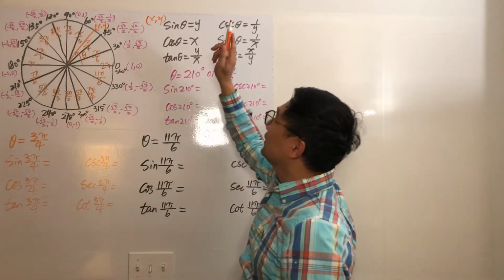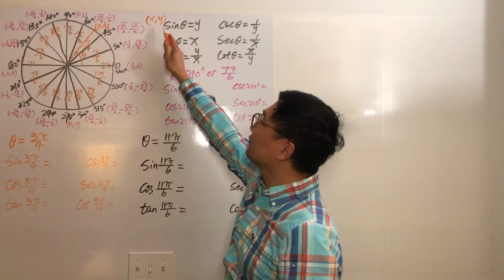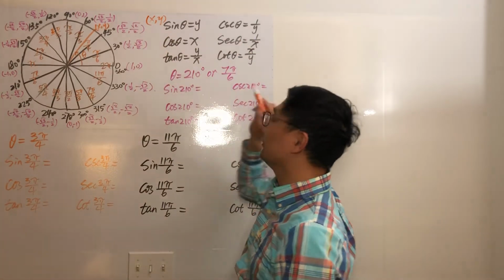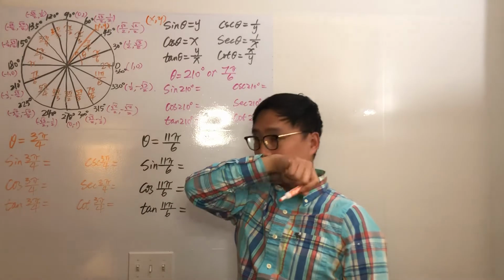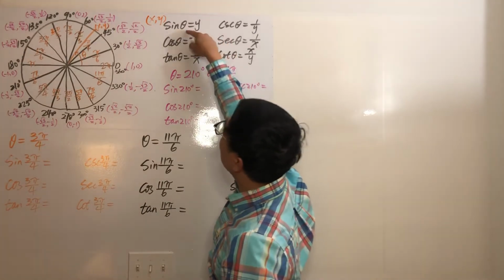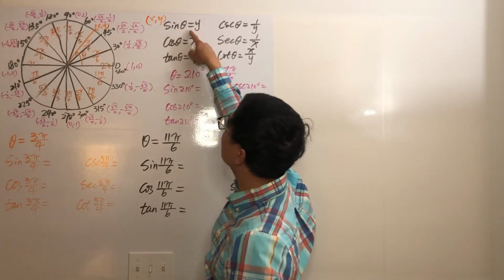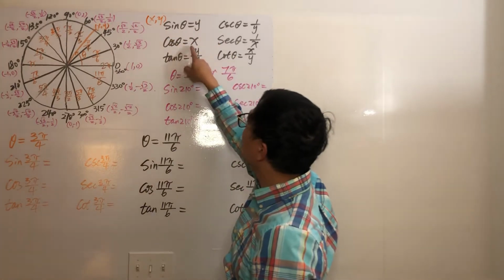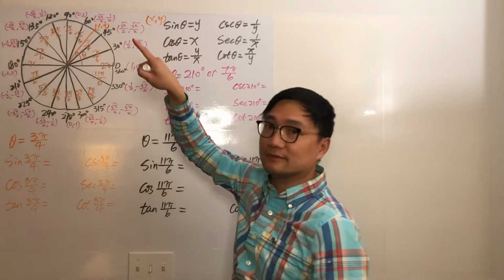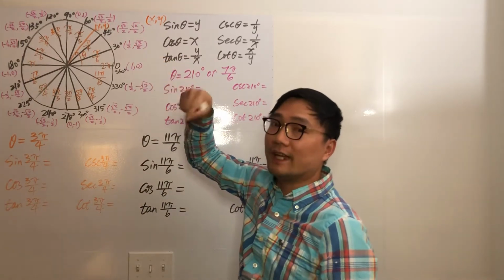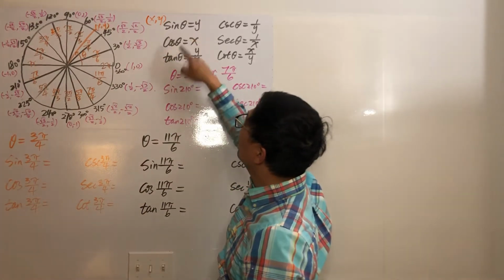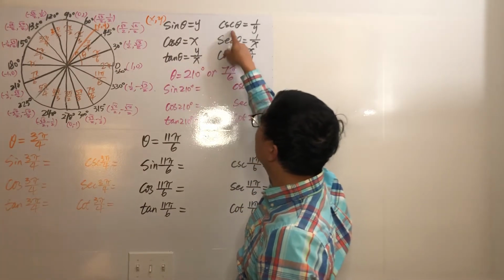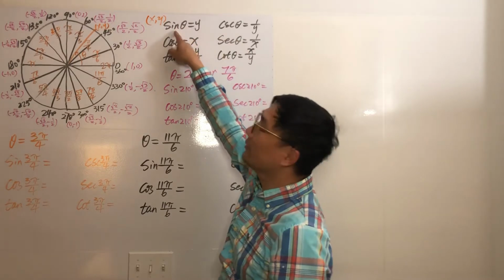Now, after you know the coordinate x, y, that means you already know the six trig function values, because based on the definition, sine theta is the y coordinate, and cosine theta is the x coordinate. Tangent theta is y over x, and cosecant theta is the reciprocal of sine.